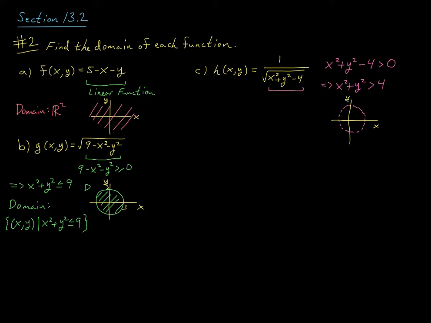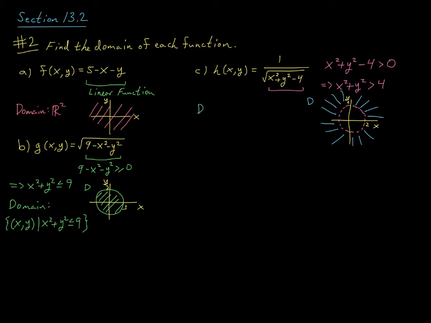So this is a circle of radius 2 centered at the origin, but it's dashed, meaning we're not actually including points on the circle itself here. And then, since the inequality is a strictly greater than, we now want all points in the exterior of this circle. So everything out here would be included in our domain.